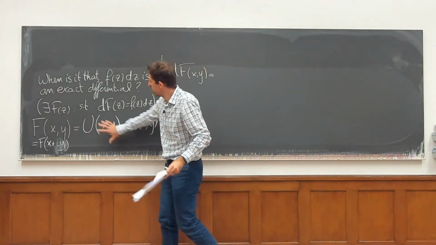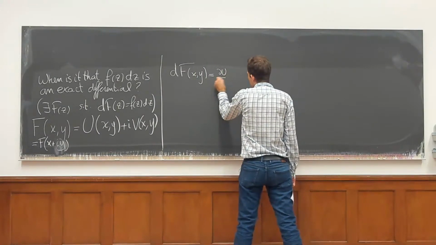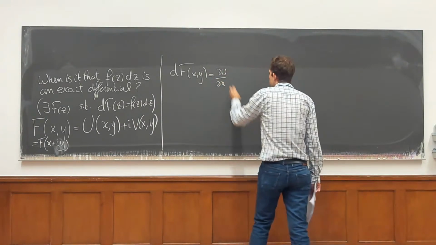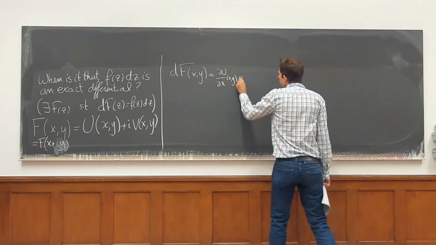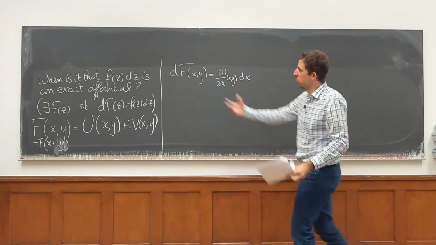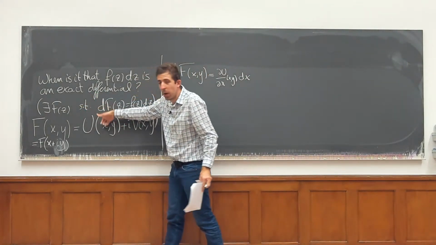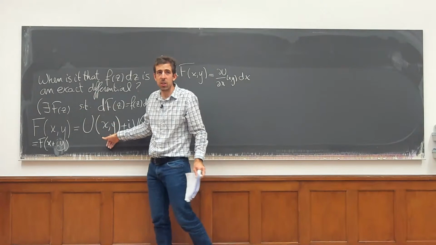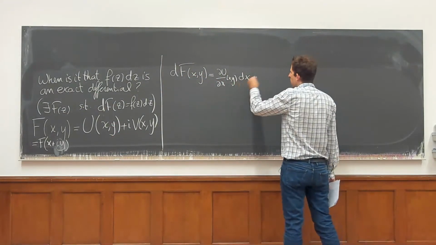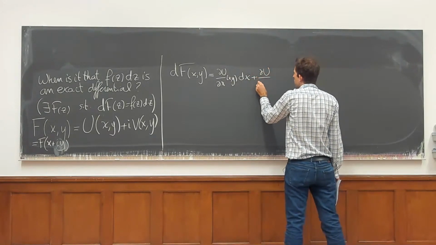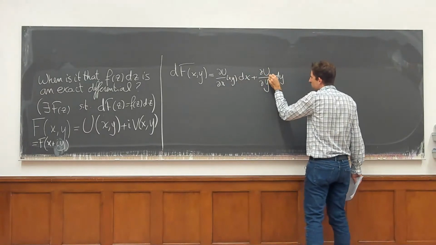I need to take the differential here plus the one here. So it's the derivative of u with respect to x at point (x, y) dx, because if I was to parameterize along a curve, I would have to take the derivative of u with respect to x times the derivative of x with respect to t. That's what this little dx means, plus now with y, u_y dy, at point (x, y).